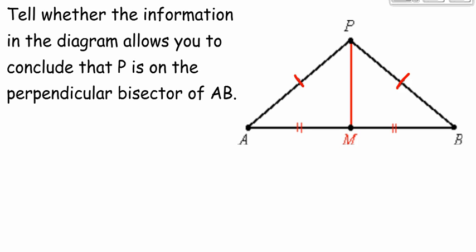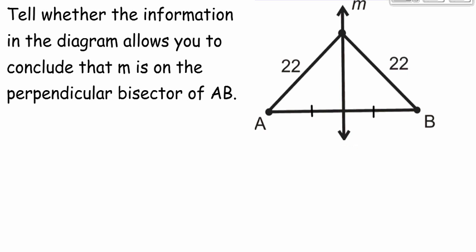That tells me, according to my converse of the perpendicular bisector theorem, that because those two segments are congruent, these are also congruent, and these are 90-degree angles. So by the converse, because PA is congruent to PB, PM is the perpendicular bisector.